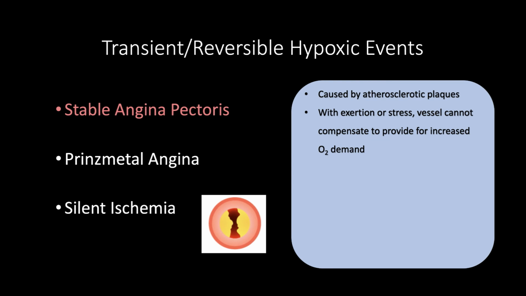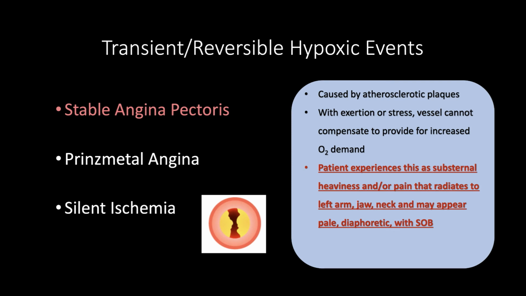It's going to exert this level of stress on the heart. The heart rate's going to increase, all of these things that happen when we exercise, and it's going to increase the oxygen demand of the myocardial cells. However, because you have this near occlusion, it's unable to deliver the amount of oxygenated blood that it needs.